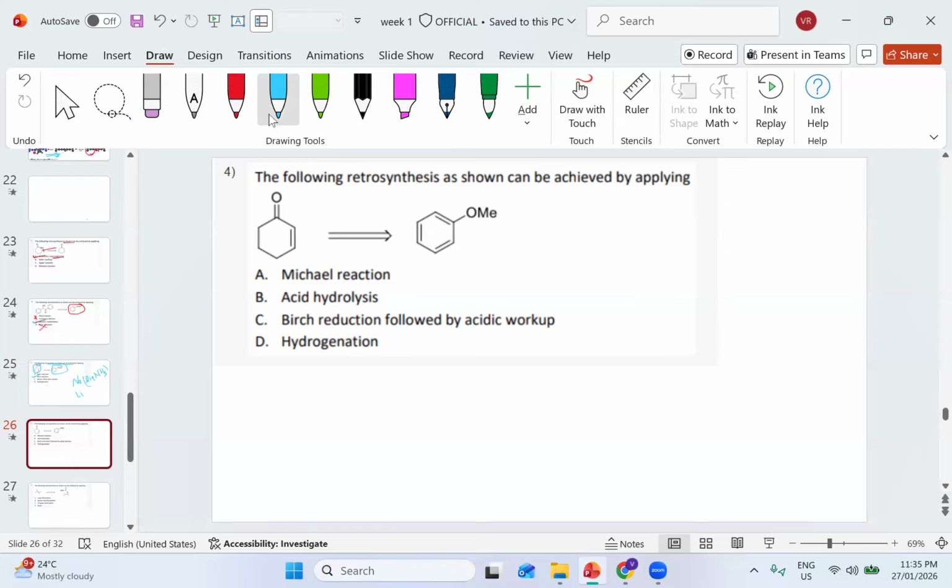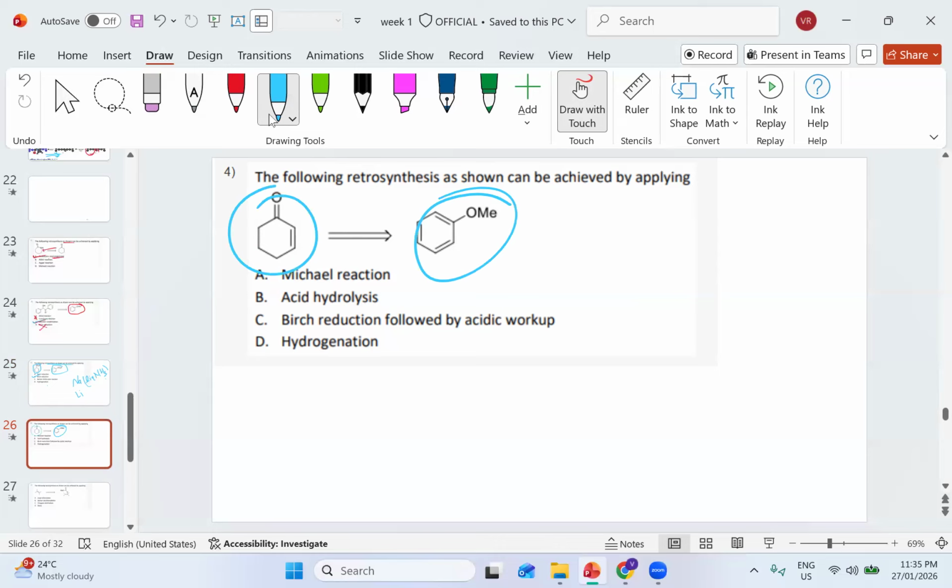In the fourth question, the following retrosynthetic analysis as shown can be achieved by applying. So we have here the starting material, and the first step will obviously be the Birch reduction. What will we get?